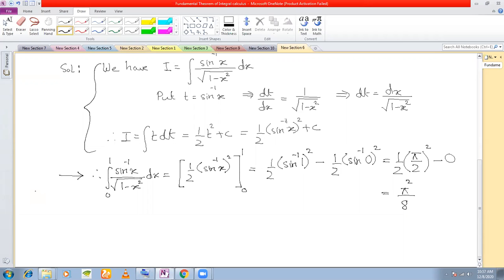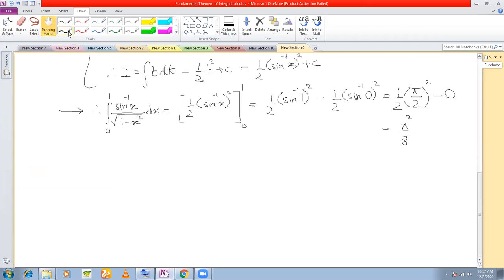In this case, what we do here is when we are changing the variable, we convert the limits also. So the same thing I'm going to do by change of variable method. Now look at this method. This is a new method, the change of variable method. Same integral we are going to do by change of variable method.